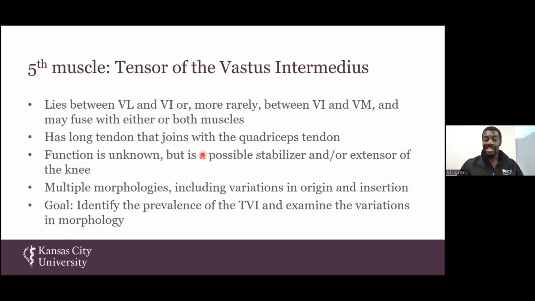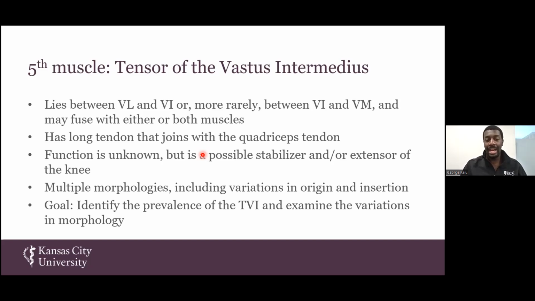The function of it is kind of unknown. We don't really know what it does, but it's hypothesized that it's a possible stabilizer of the knee joint, and it may even help with extending the knee with the rest of the other quadriceps muscles. But that's still to be determined, especially because of the multiple morphologies that we're going to see.